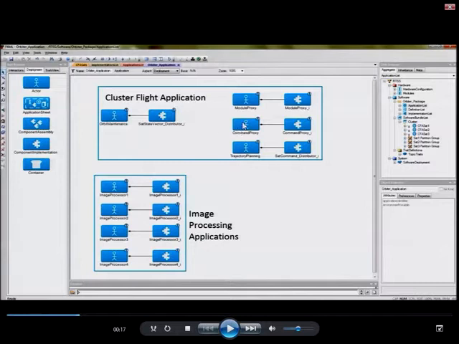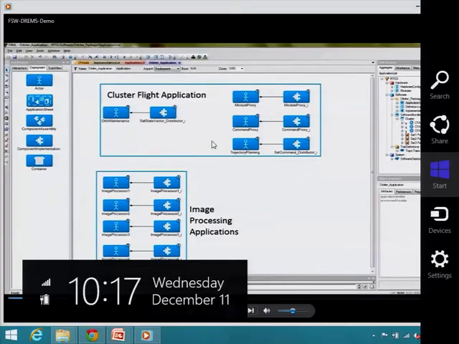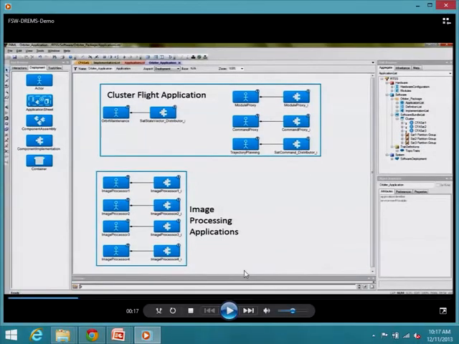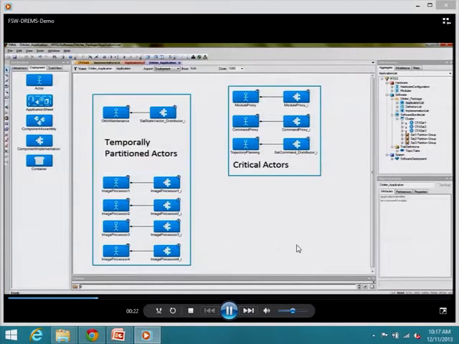In the cluster flight application, 3 of the actors respond to emergency commands, critical commands. They'll go in the system partition, and the last actor for the cluster flight application will just be temporally partitioned. So how does that work?